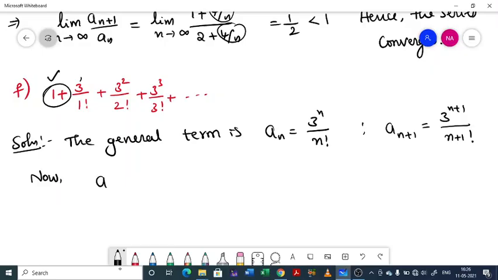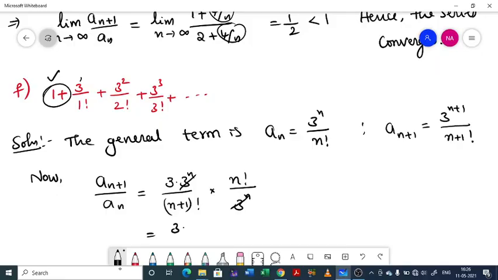Now a_{n+1} divided by a_n equal to: a_{n+1} means 3 power n plus 1, that we can write as 3 into 3 power n divided by (n plus 1) factorial, into 1 by a_n, that is n factorial divided by 3 power n. So we can cancel 3 power n, no problem. We get 3 divided by (n plus 1) factorial, that is (n plus 1) into n factorial.